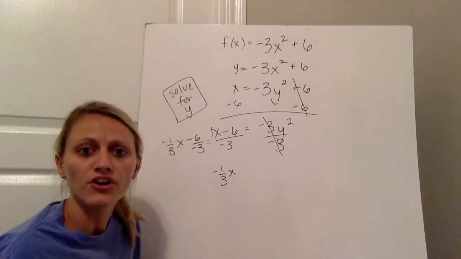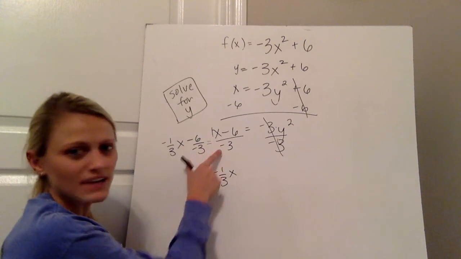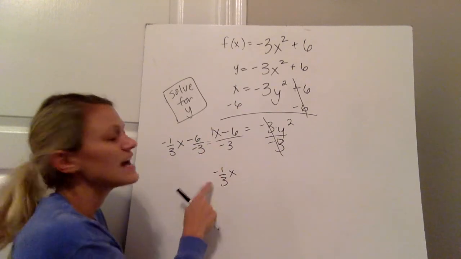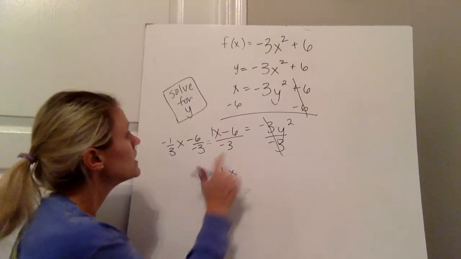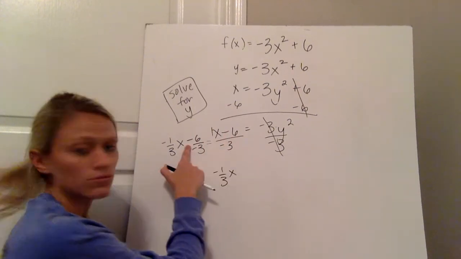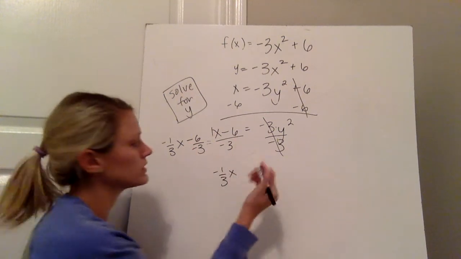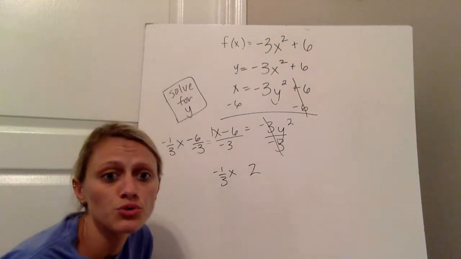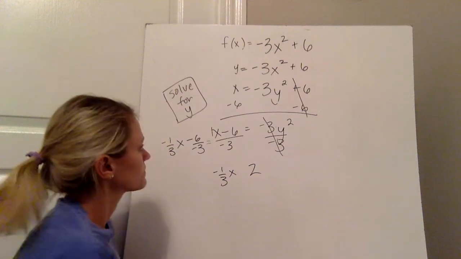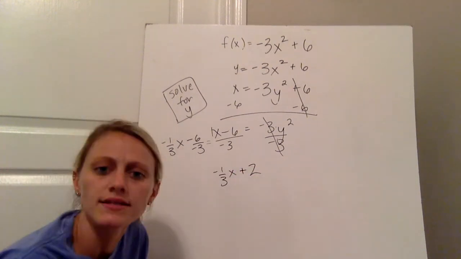So negative 1/3 x; 1 over negative 3 is just negative 1/3, and the x can't be simplified. Now we've also got negative 6 over negative 3. 6 over 3 is 2, but it's a negative divided by a negative, so it's a positive 2.